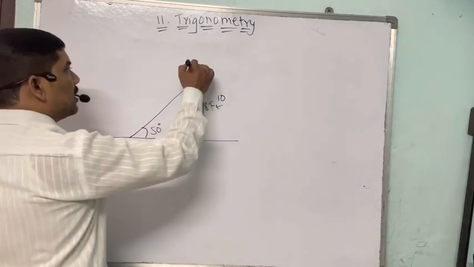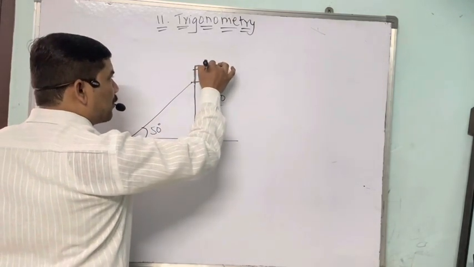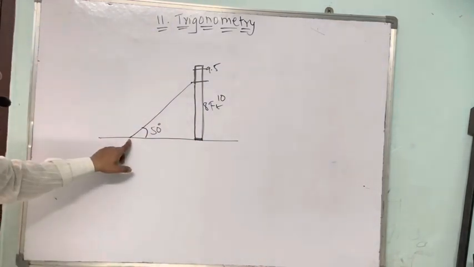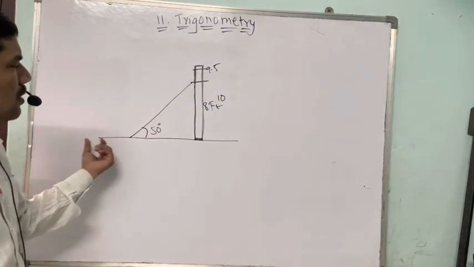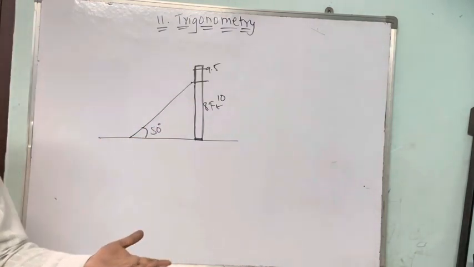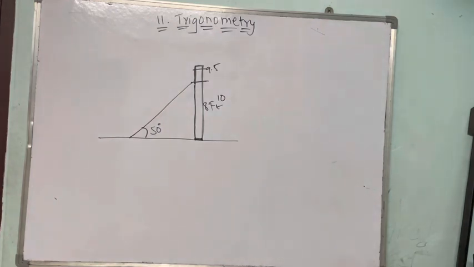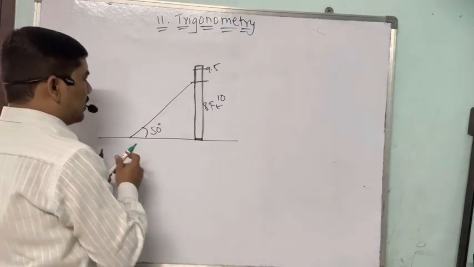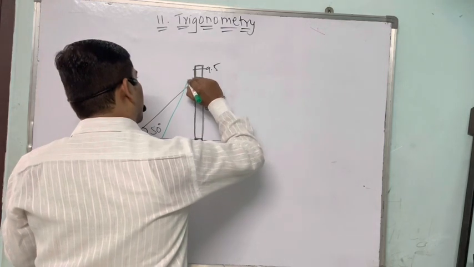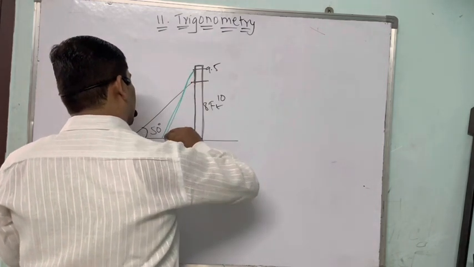Suppose you want to reach 9.5 feet height, and from this point only, or somewhere else, you want to reach here. You can set up the ladder somewhere else, right? To reach that point, if you want to reach 9.5, then obviously you have to keep the ladder like this.